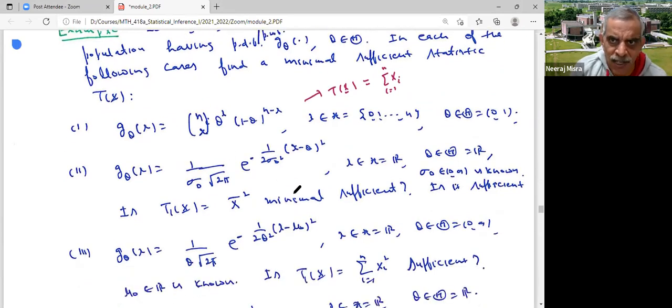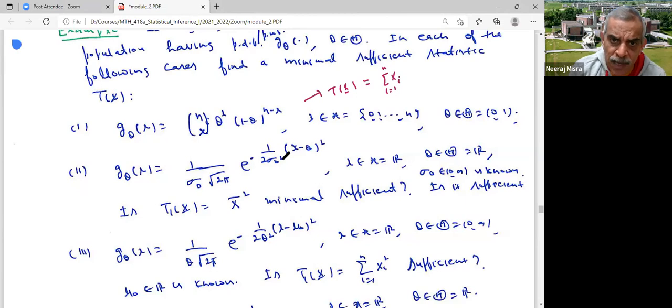This example I have already done. When sigma naught is known, summation x_i... So in this case, what would be the minimal sufficient statistic if theta is unknown? Sigma naught is known over here.